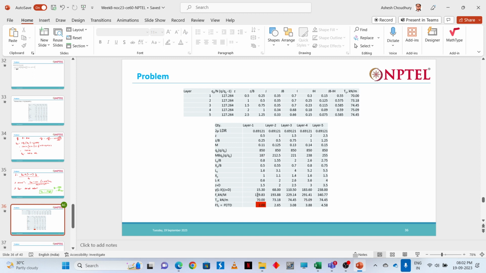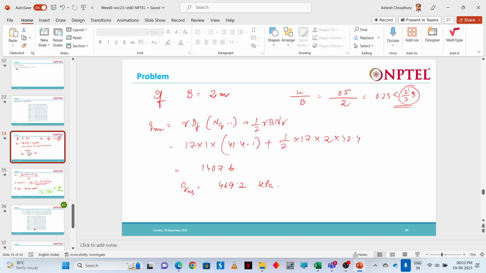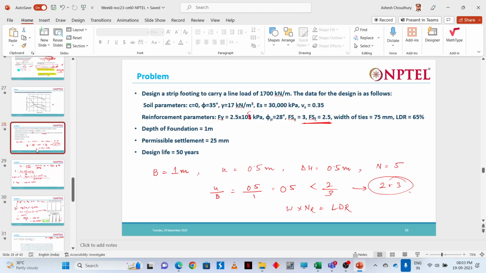done. So as you can see here, for the first layer, the factor of safety is not coming greater than 2.5. All right. So what we can do, we can tweak the design a little bit. So initially, say U we keep fixed as 0.5 only. H we can increase a bit.